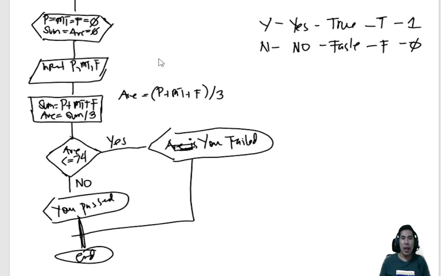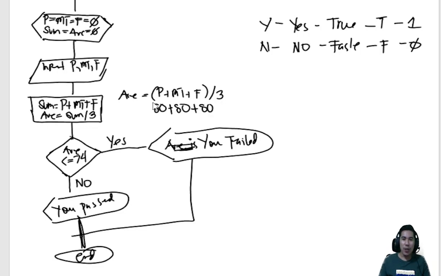Okay, so let's try our solution. Let's say the value of our prelim is 80, the value of our midterm is 80, and for easy calculation, the value of our final is 80.